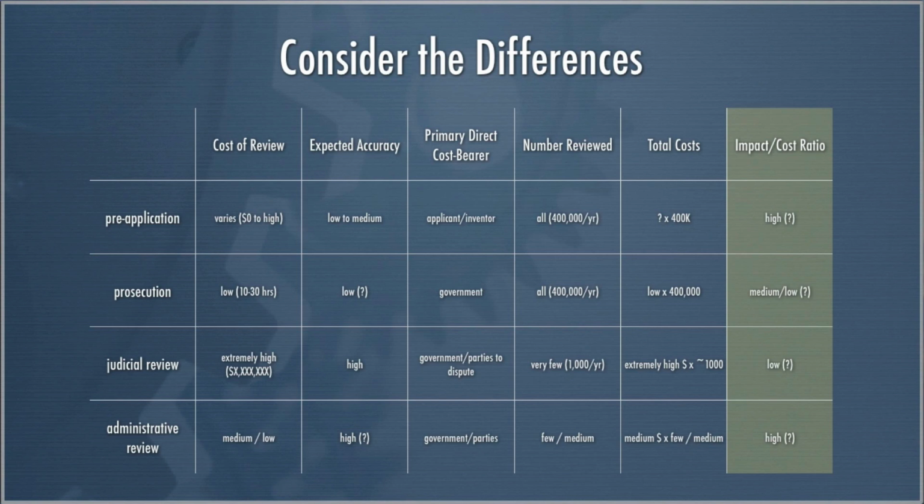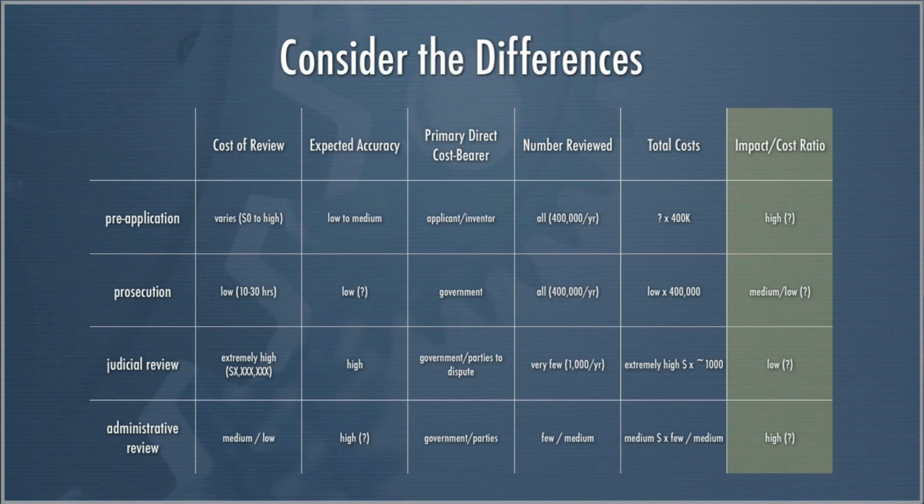And the hope is that this administrative review could be high impact. That the bang for the buck for administrative review could be quite high because you could review a lot more patents than litigation could, and yet keep the costs down, and yet be relatively accurate. Maybe not as accurate as full-blown litigation, but at least more accurate than prosecution.